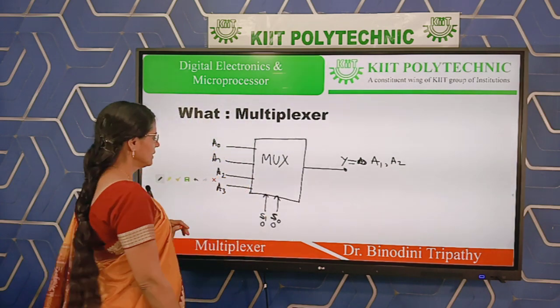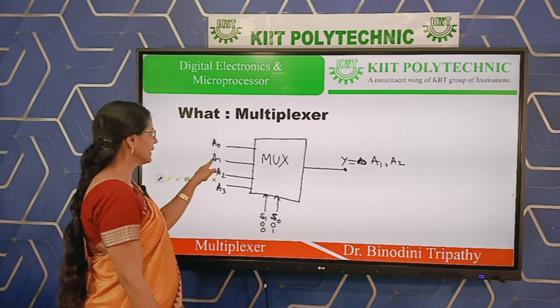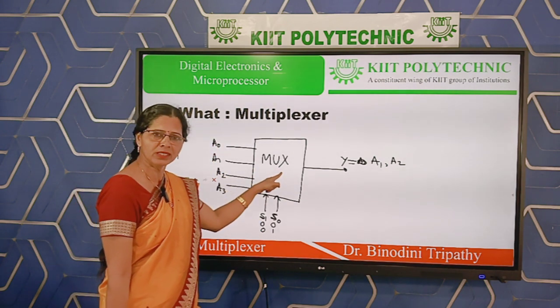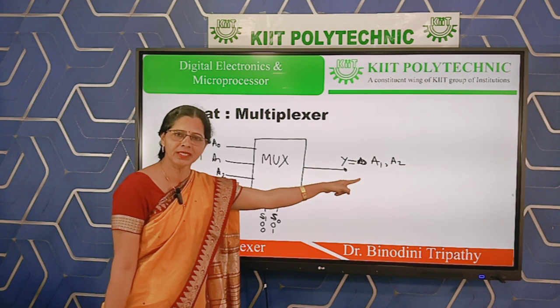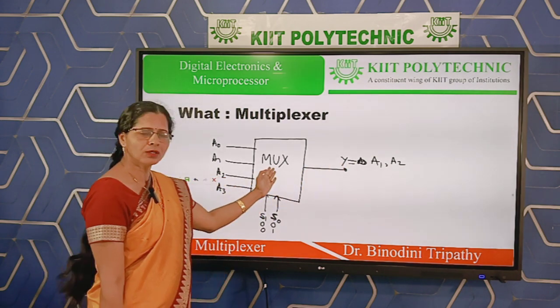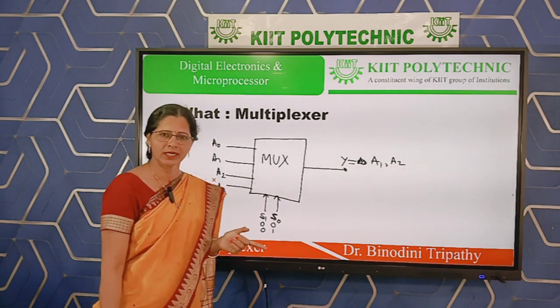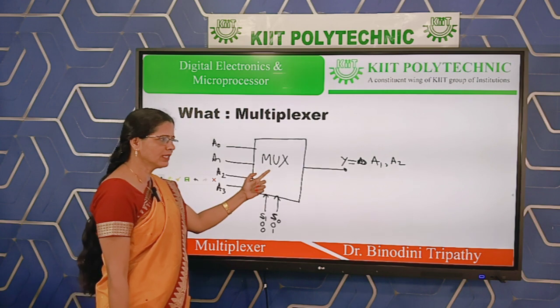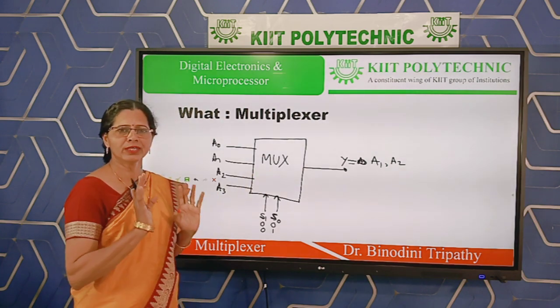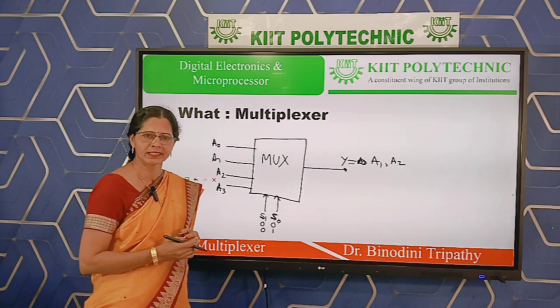Suppose you put 0, 1 as the selection value, then A1 will be selected by your MUX and routed to the output. Very simple. You do not even need to remember the definition. The previous slide is just theoretical, but from this slide you can easily remember 2, 3, 4 points to write in any theoretical written exam.